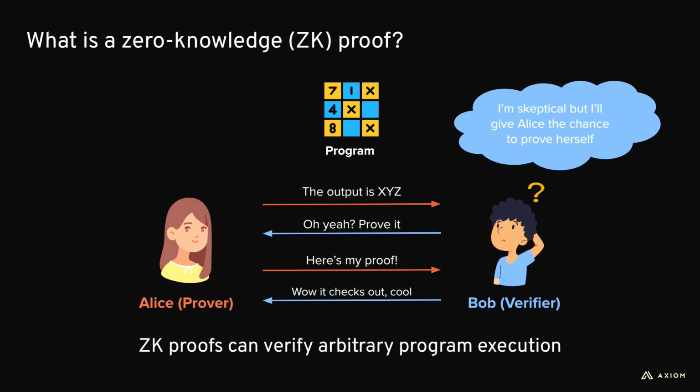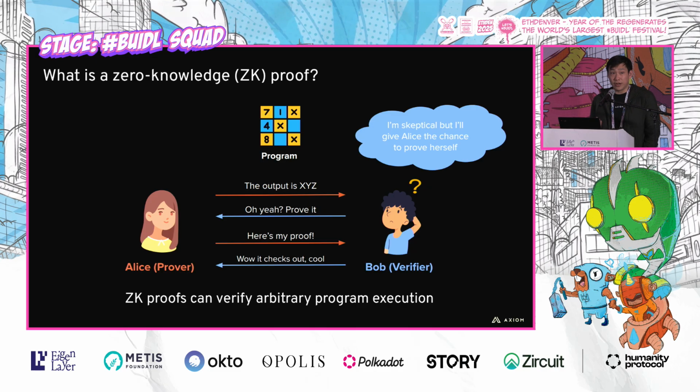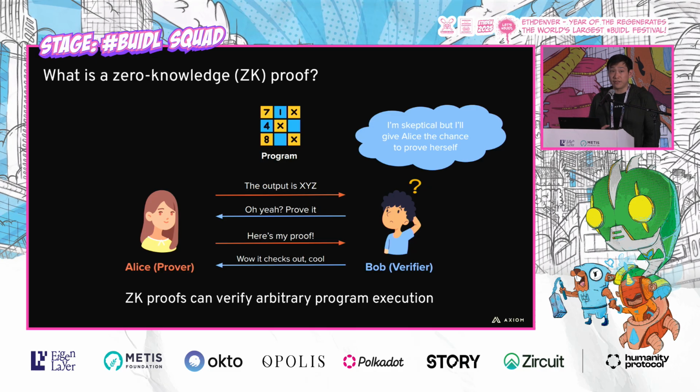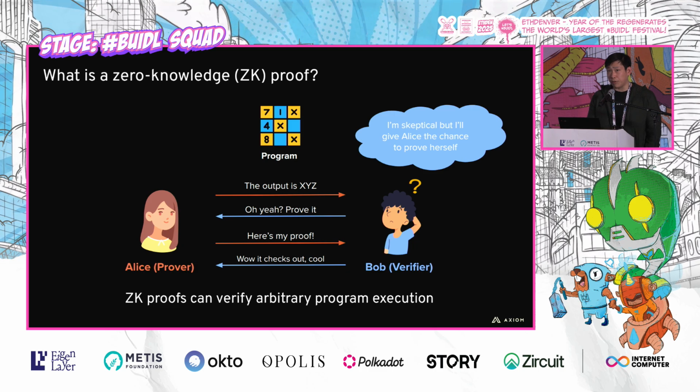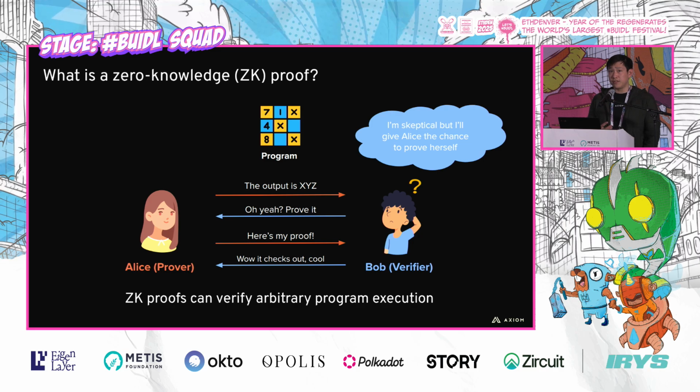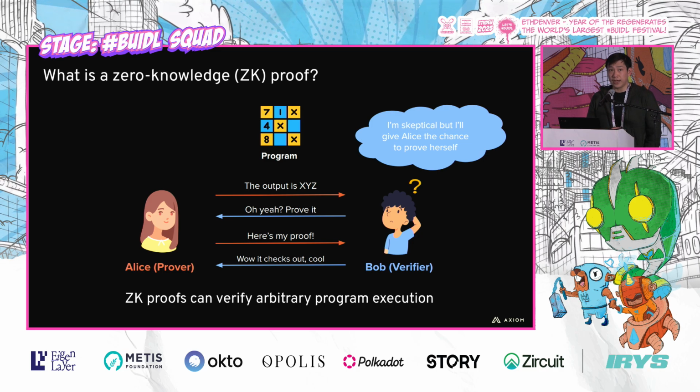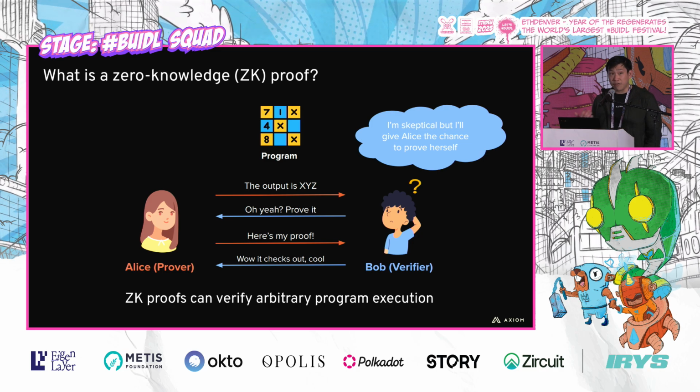The premise of zk is that you have a prover, we're calling Alice here, who has a computer program. And what zk allows Alice to do is to make a claim about what the output of that program is on some input. And then there's a verifier named Bob who's skeptical about the claim.